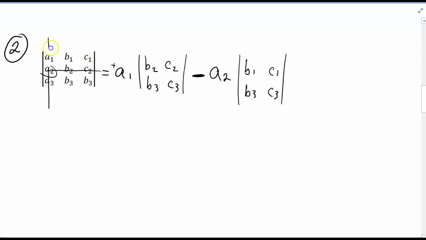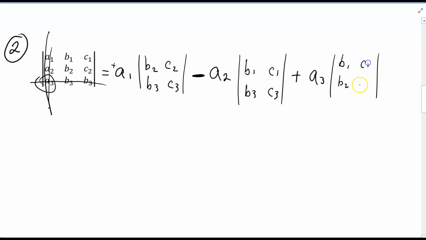For the third value, we will add the third in that column multiplied by the 2 by 2 determinant that is left when you cross off its row and column. So that's B1, B2, C1, C2.